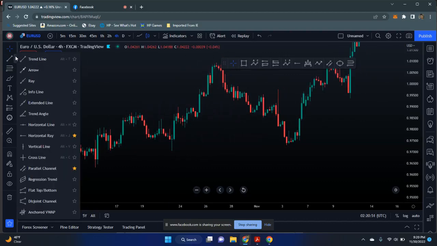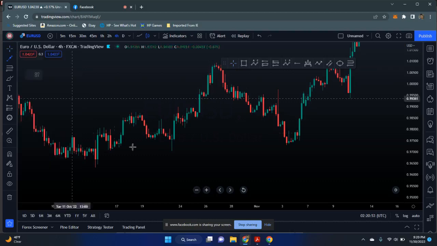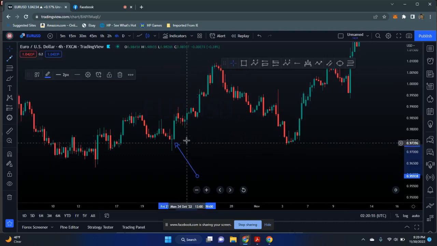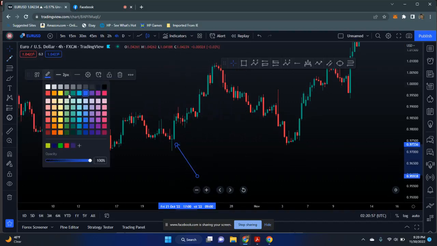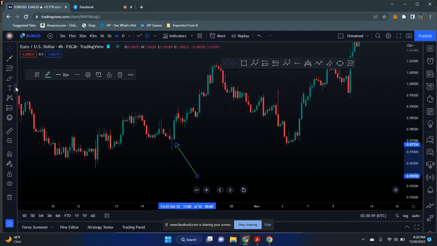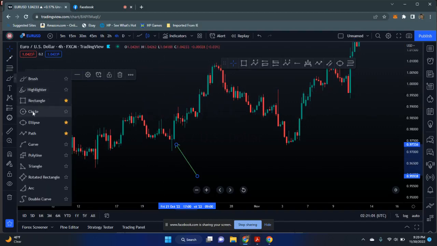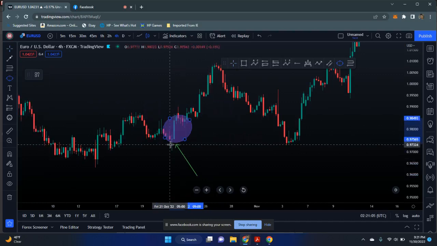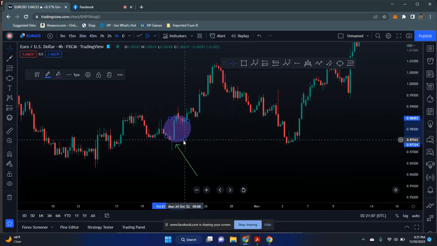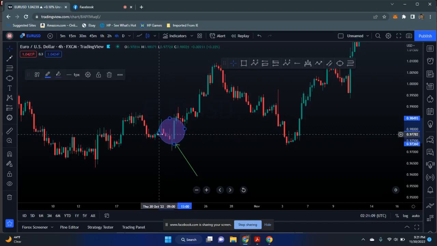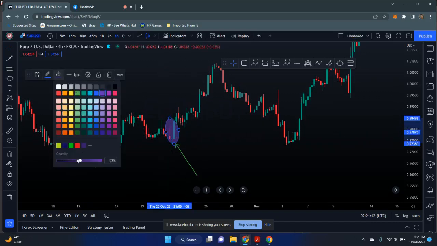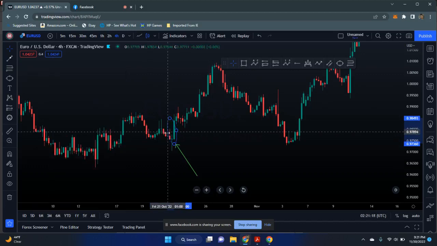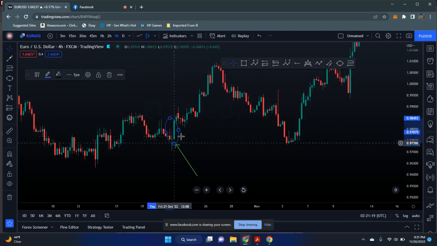So here we have, let me make that green, that's a great morning star pattern. It consists of these three candles here.